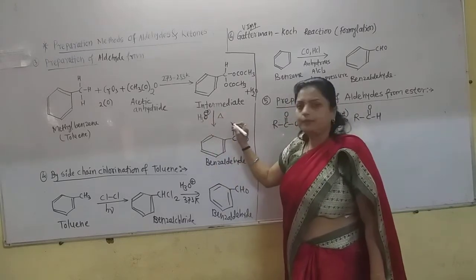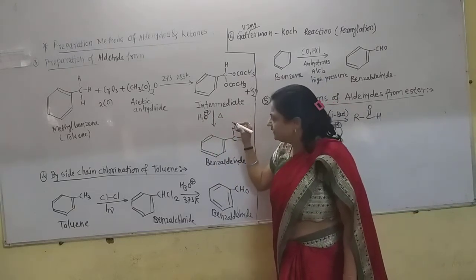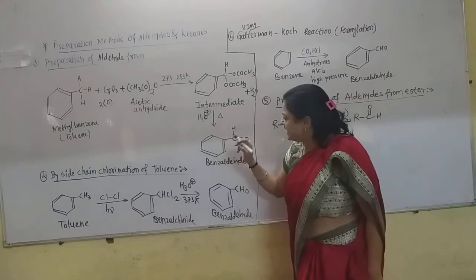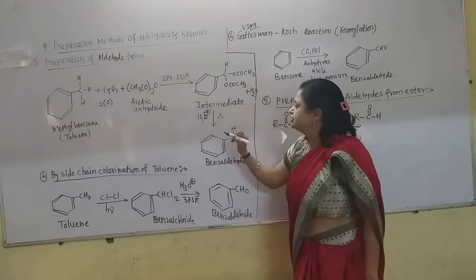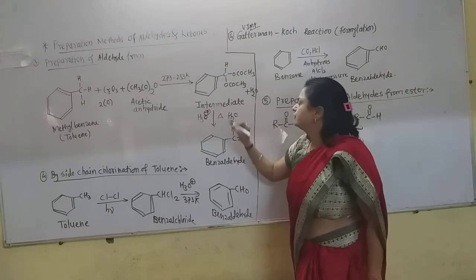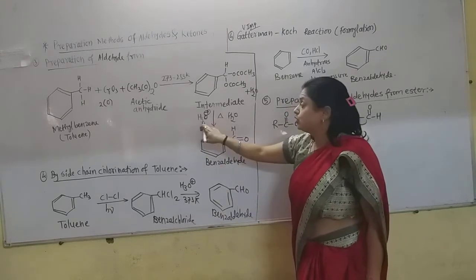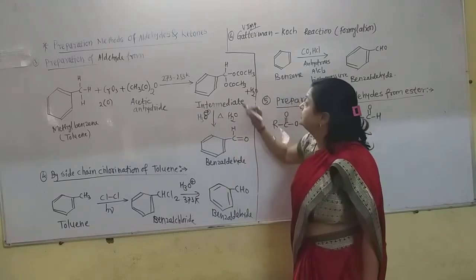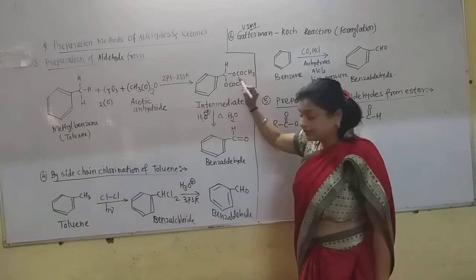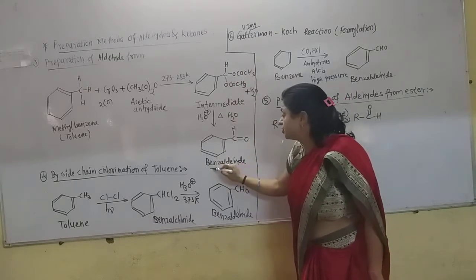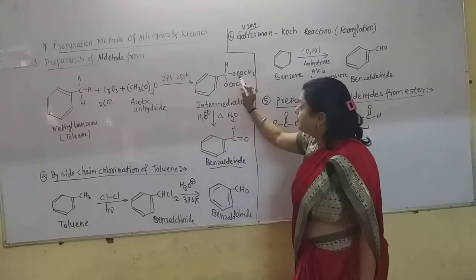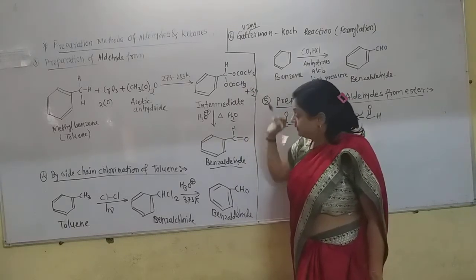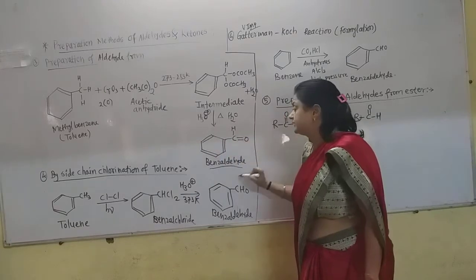Now H3O plus on heating this intermediate in presence of dilute acid, there is directly addition of the oxygen from this water, because we know that acid hydrolysis means addition of water. This oxygen gets attached to these two bonds of the carbon and there is formation of benzaldehyde. Now these byproducts are removed and we obtain this main product, that is the benzaldehyde.